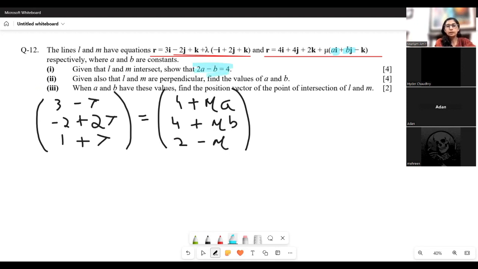So what I'll do, I'll first write mu in terms of lambda or lambda in terms of mu using these. So from here I know that lambda equals 1 minus mu. Now I'm going to substitute this in both the first equation and the second equation.